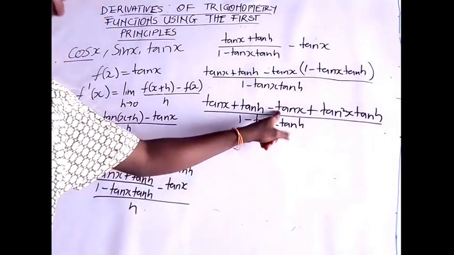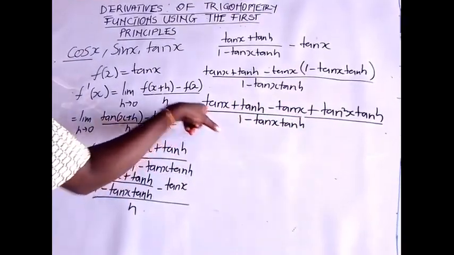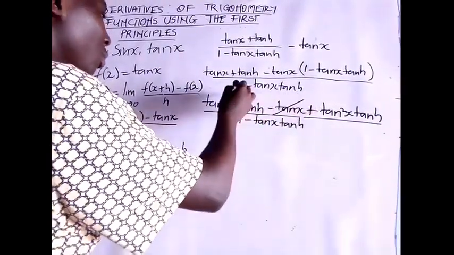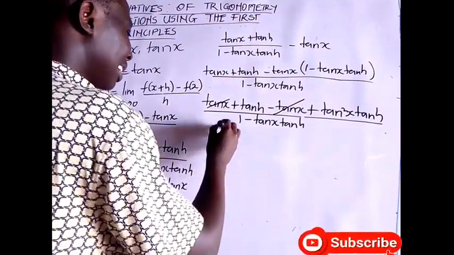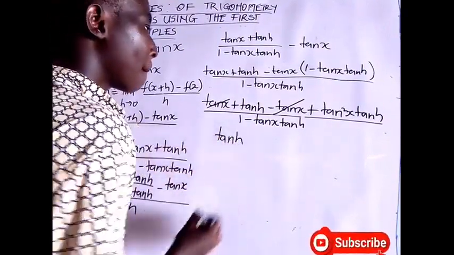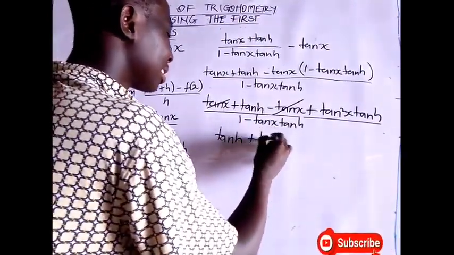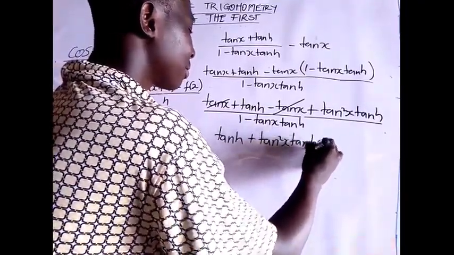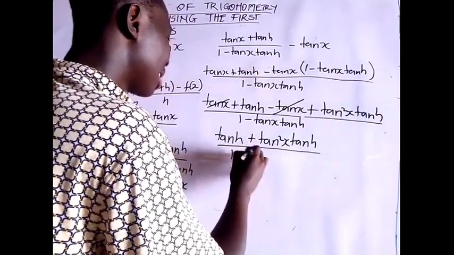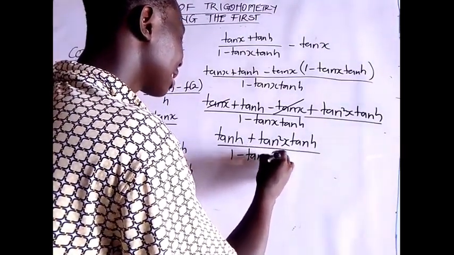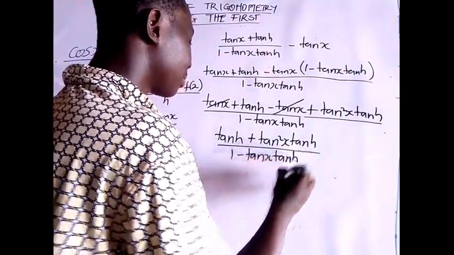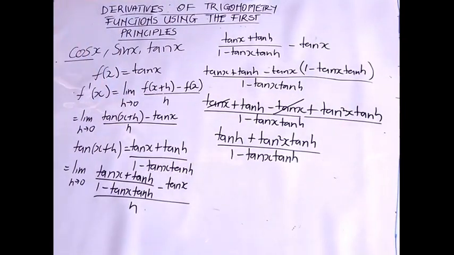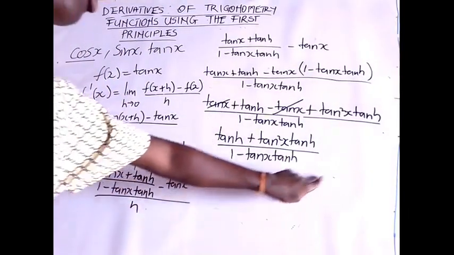And then you can see that minus tan x can cancel tan x. So this and this will go off, leaving tan h plus tan square x tan h all over 1 minus tan x tan h. So this is what we are having for the numerator.